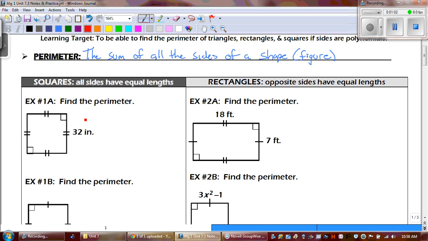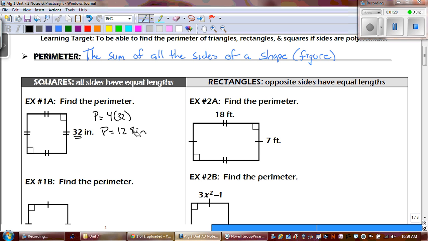So if we were to write an equation for this, the perimeter equals, all four sides are the same, so I can say 4 times, what number? 32, okay? And 4 times 32 is 128 inches.